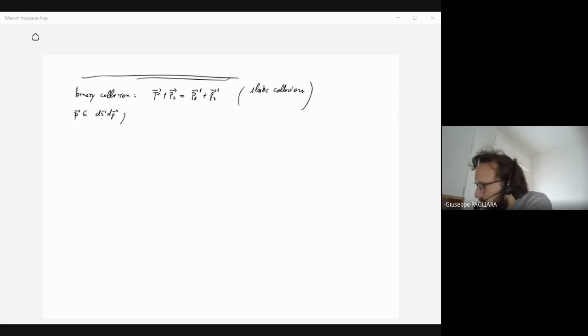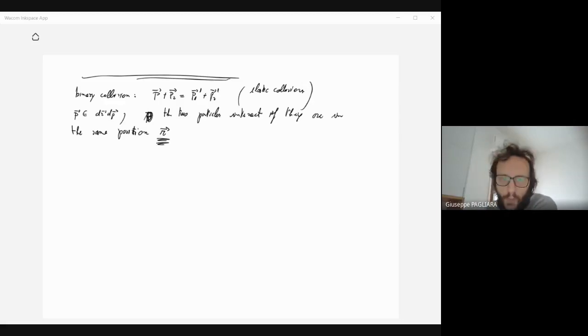Now let us introduce a function f. First of all, the two particles interact if they are in the same position r, because I'm pursuing point-like interactions. So they interact only if they are exactly in the same position.